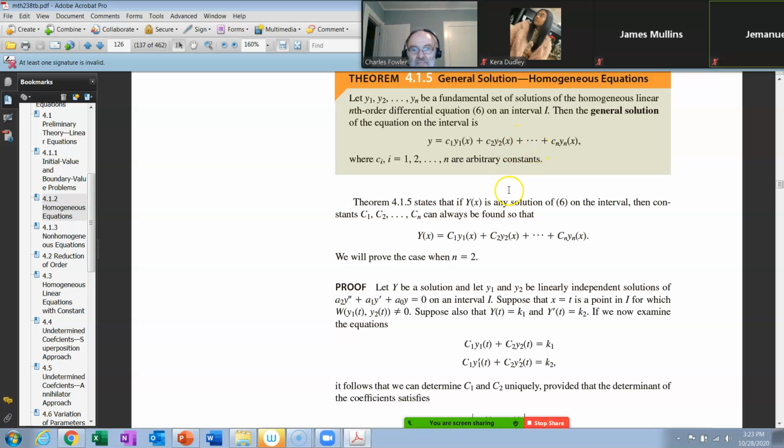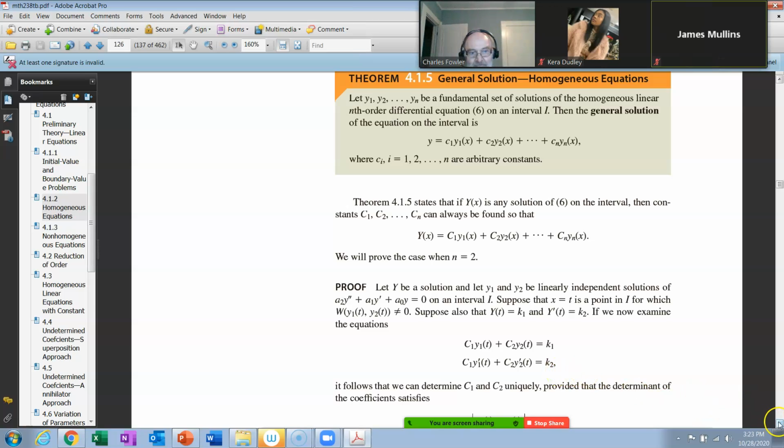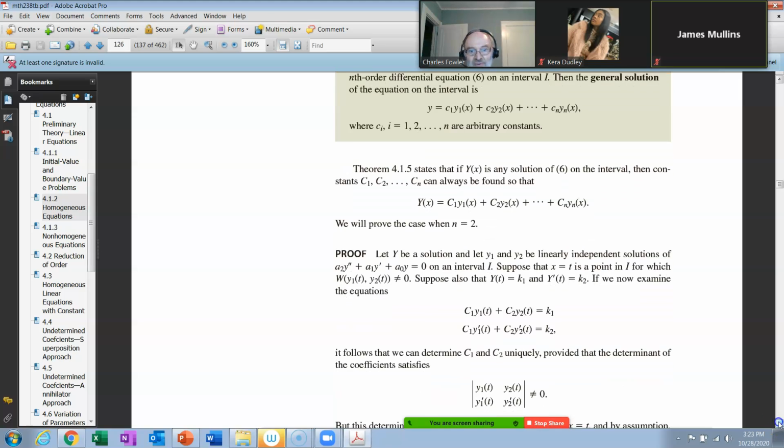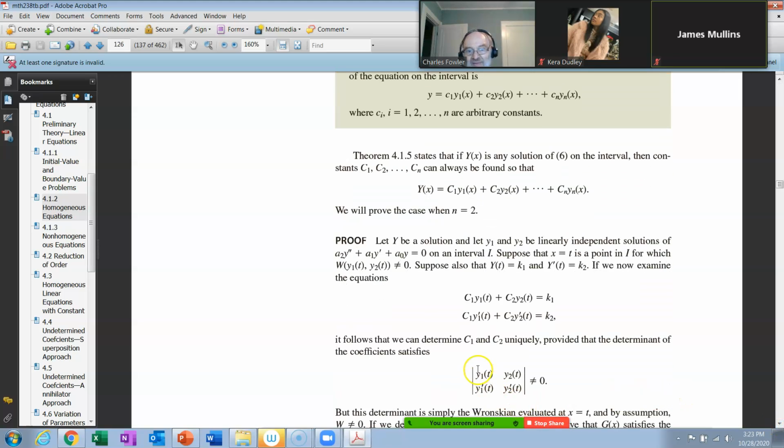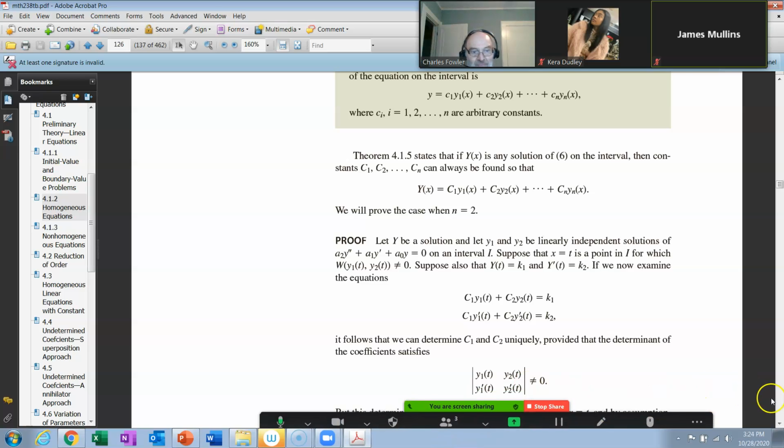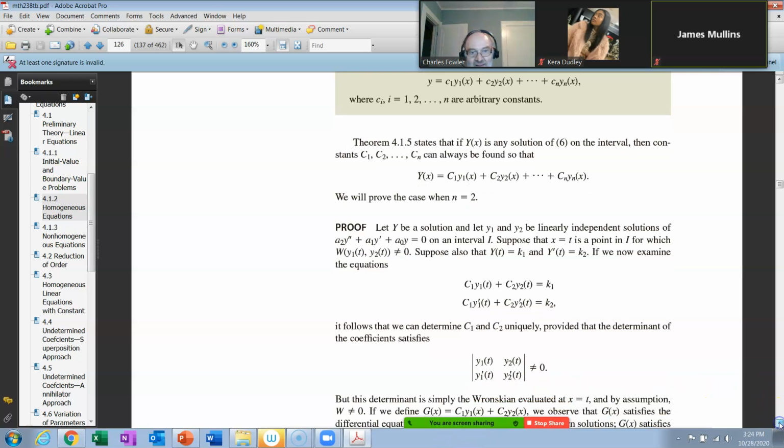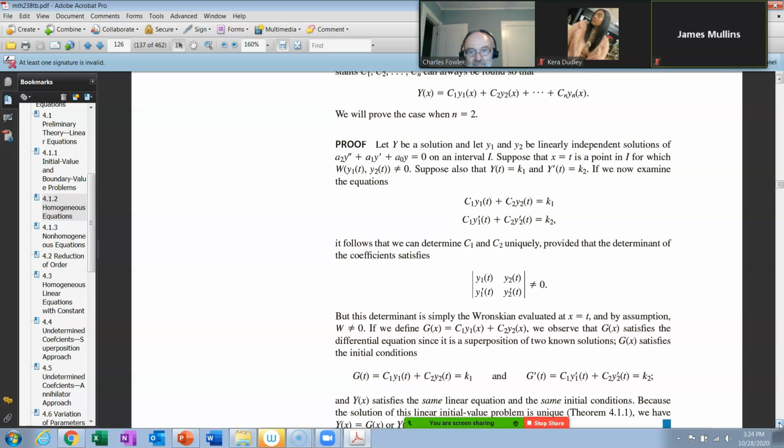Okay, so here's the proof that they're getting to here. And basically what they're doing, they're showing that those solutions and their derivatives, the determinant of that, is not equal to 0. But that's simply the Wronskian. And if it's not equal to 0, those are uniquely satisfied.